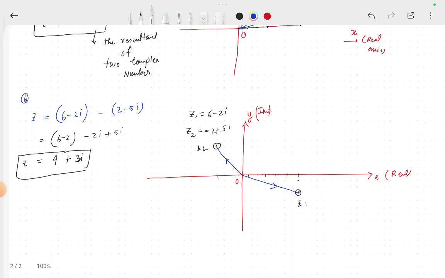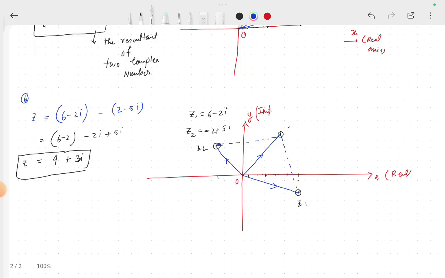Now I'm going to represent the resultant. The resultant is here: 1, 2, 3, 4 and 3 here. Understood?